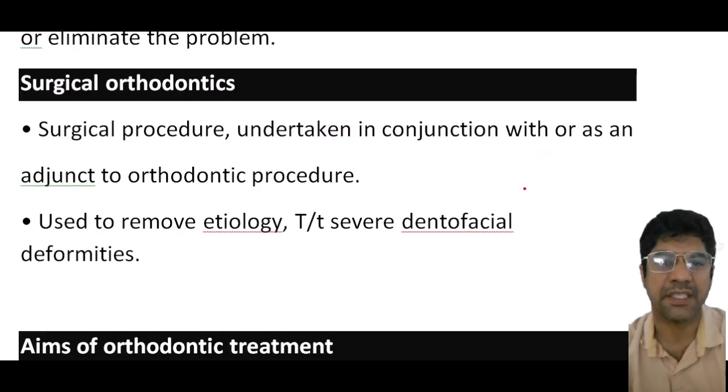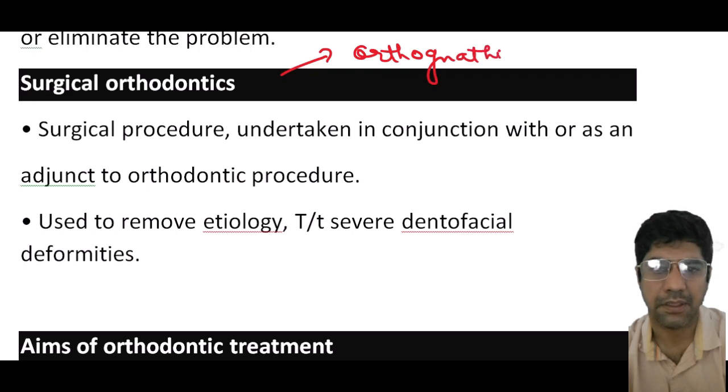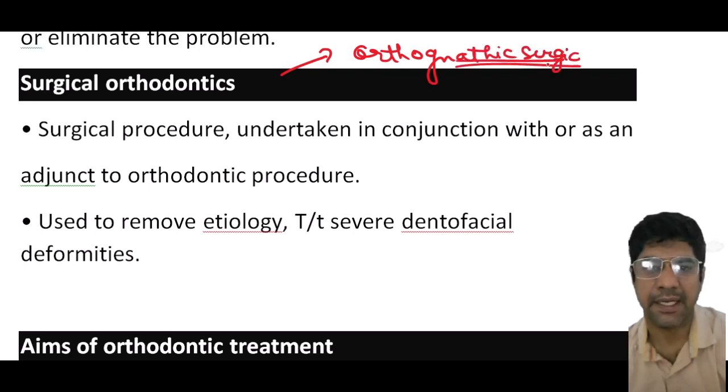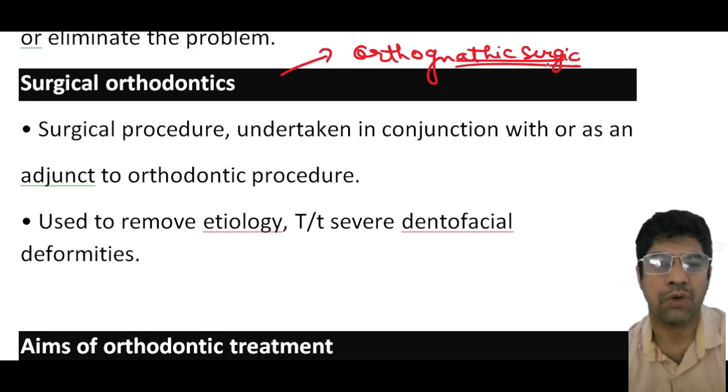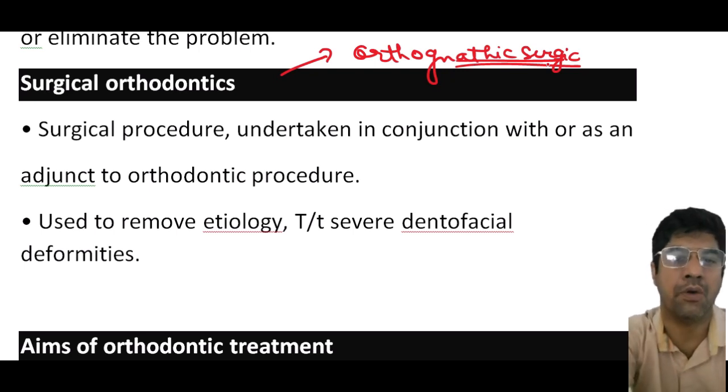The other is surgical orthodontics, also known as orthognathic surgery. That means it involves surgical procedures carried out in conjunction with the orthodontic treatment. It is used to address severe dentofacial deformities that cannot be corrected through orthodontics alone.